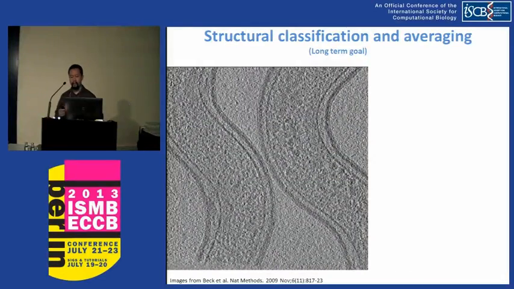So in the long term, we are interested in the structural classification and averaging of the macromolecular complexes inside such a cellular tomogram. In such a process, the potential instances of macromolecular complexes are first extracted as subtomograms.